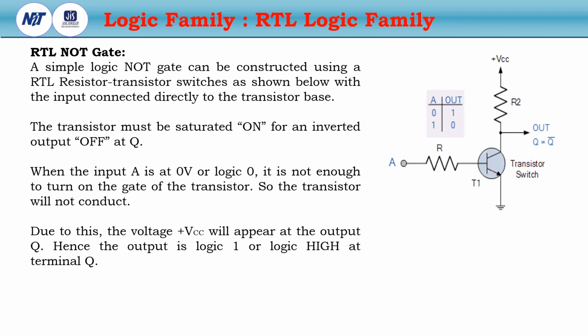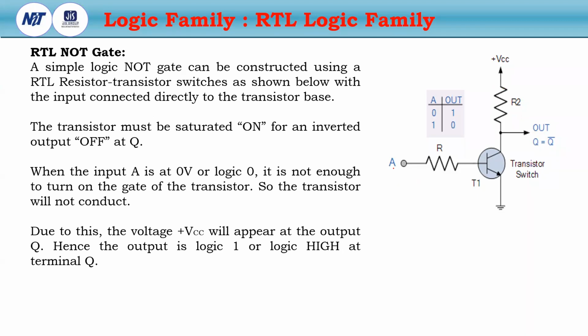For this reason, no current will flow through the resistance R2, so we will get Q equal to logic 1, at VCC. There is no path between VCC and ground, so no current will exist. Then the output will be VCC.